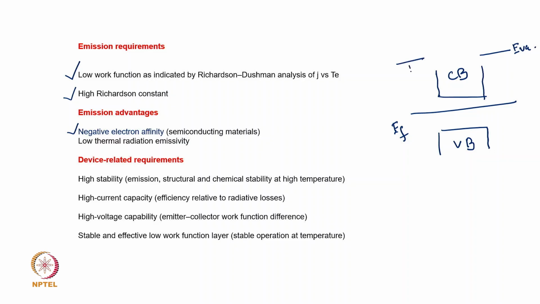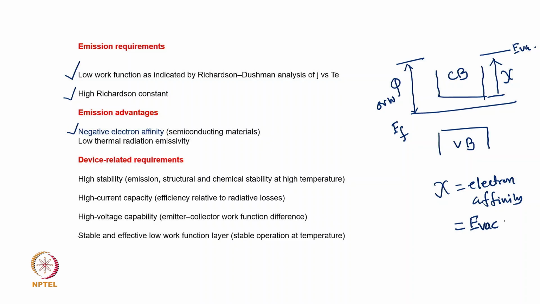This energy difference is known as phi, or work function W, but then I can have another energy level which is known as electron affinity, which is basically the vacuum energy minus the conduction band energy level.